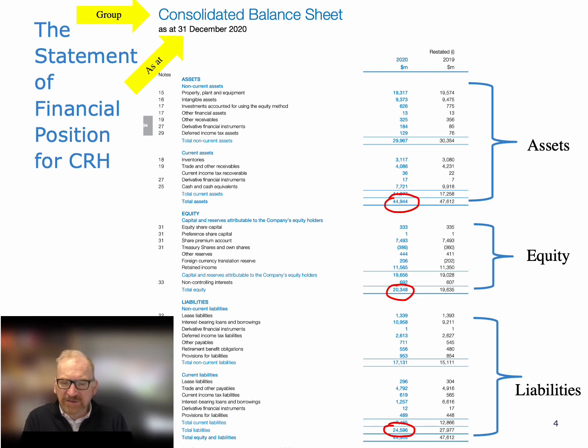Or in the case of this balance sheet, the way it works is that assets equals equity. So it's assets equals equity down here plus liabilities, which is just a rearrangement of what we talked about on the previous slide.